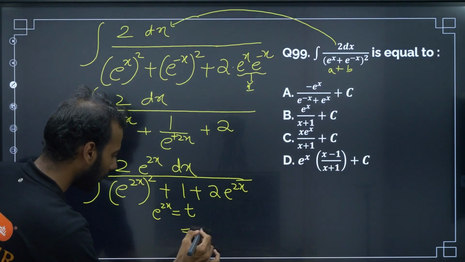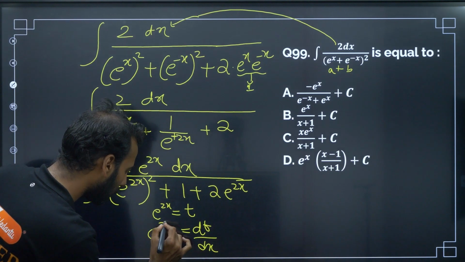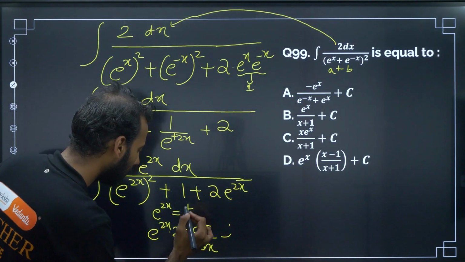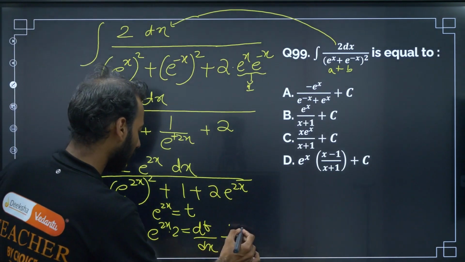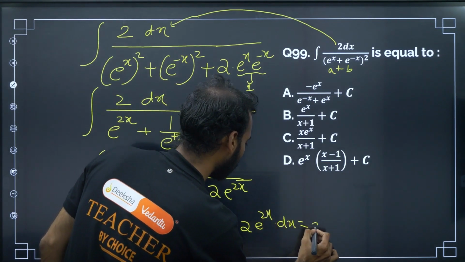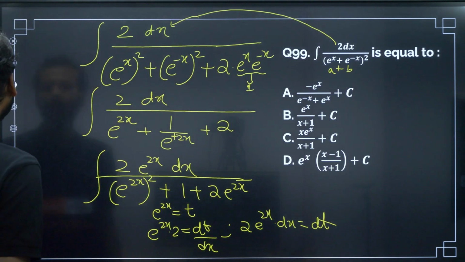If I differentiate with respect to x on both sides, dt by dx is e raised to 2x dot 2. So 2 e raised to 2x dx is equal to dt. I am just transposing dx to that side.